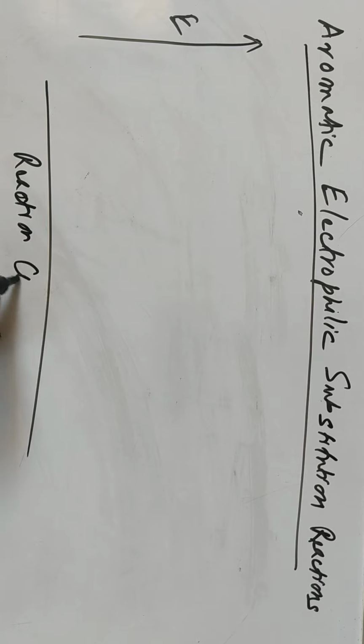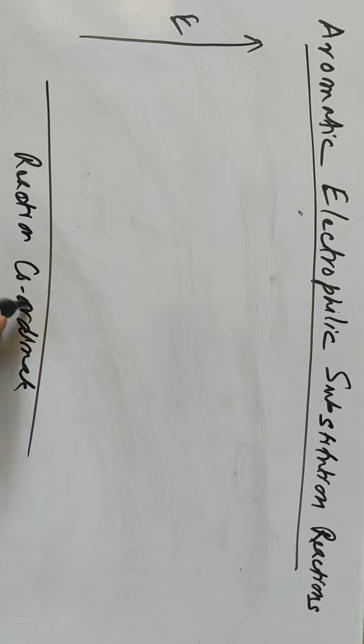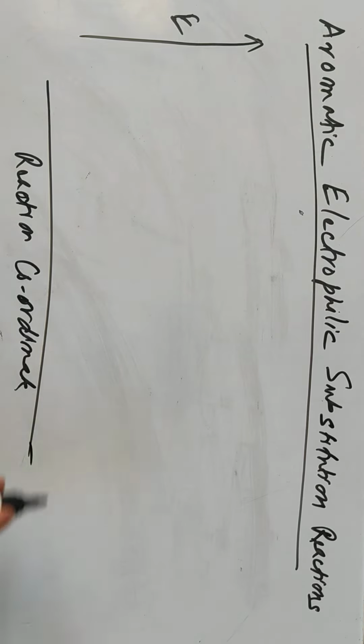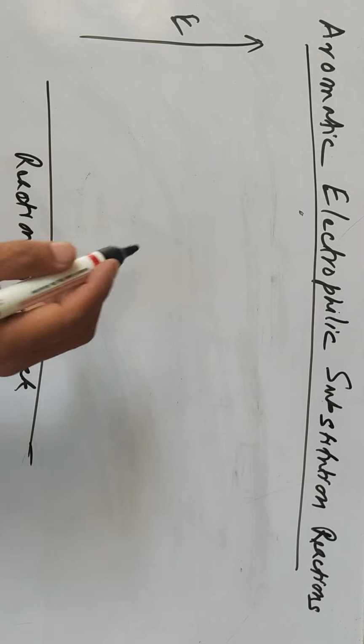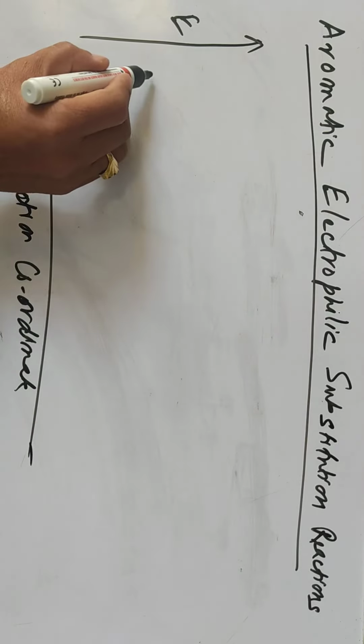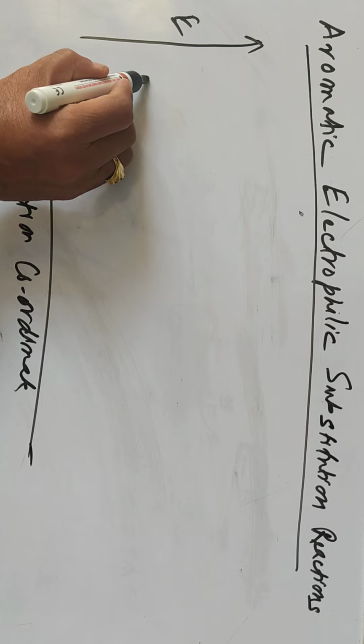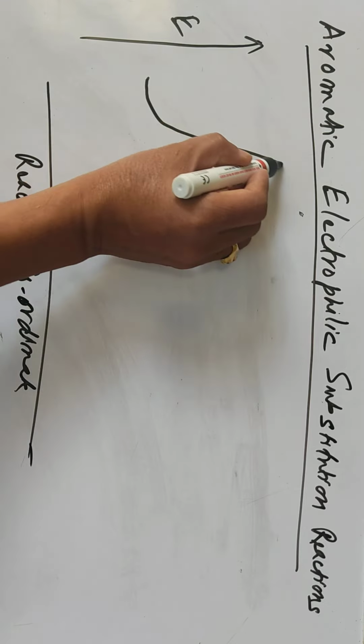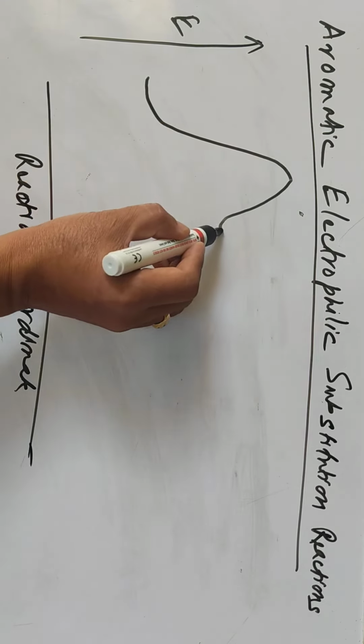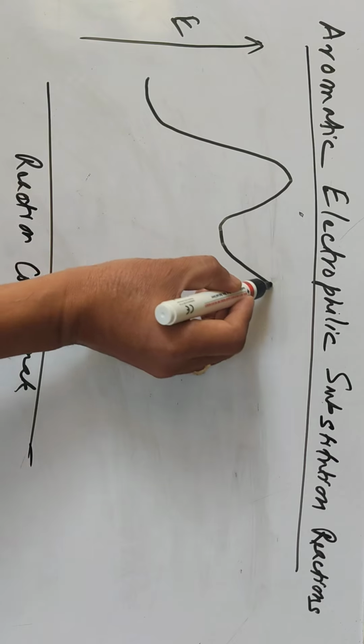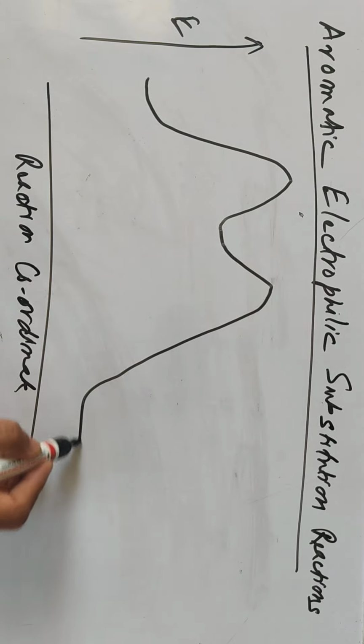Then we draw this curve. You can have two transitions, with an intermediate in between, and another transition state. Then we have the product here.